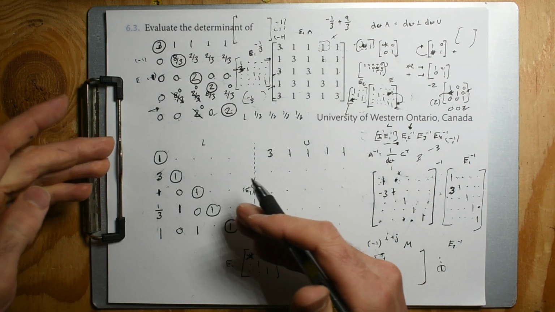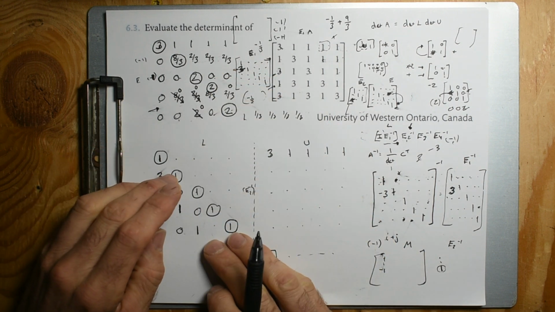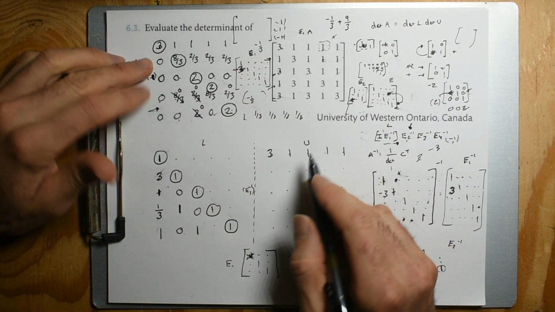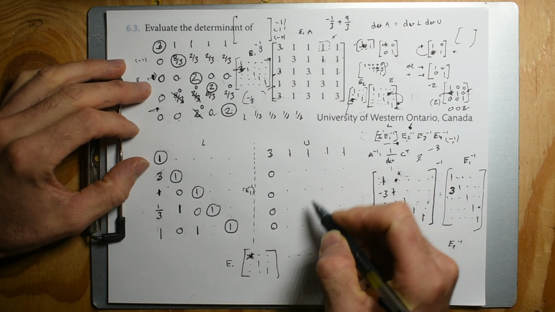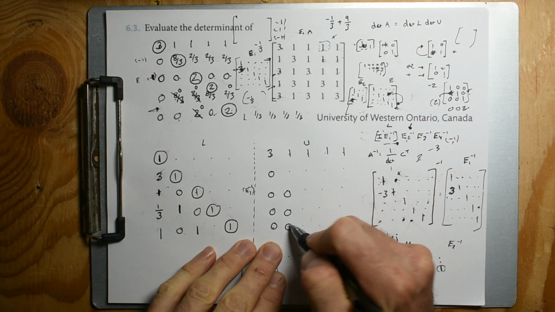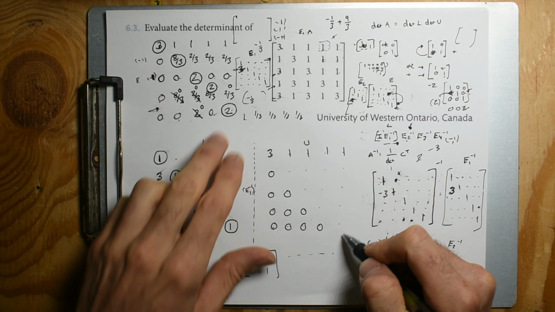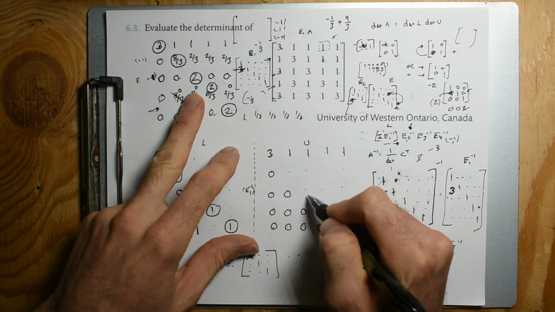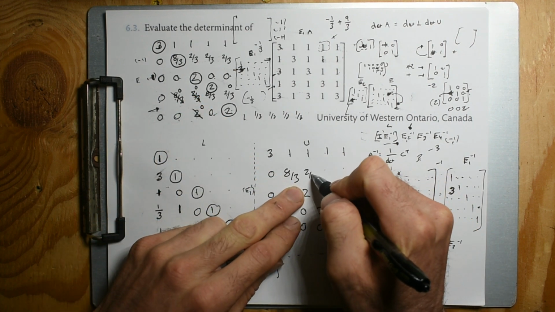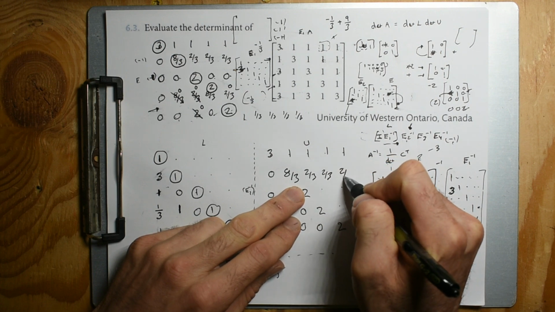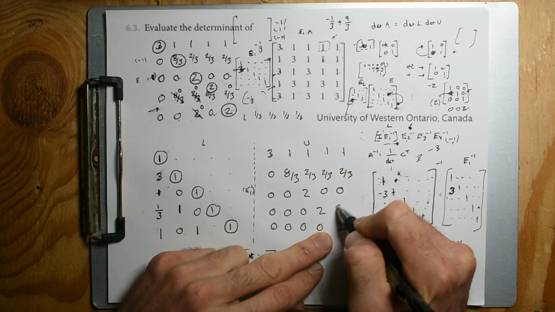Because if we have upper and lower, and here's our upper. So we have 0, 0. If this is an upper, these are all zeros, right? We have 2, 2, 2, and 8/3. We have 2/3, 2/3, and 2/3. 0, 0, 0.